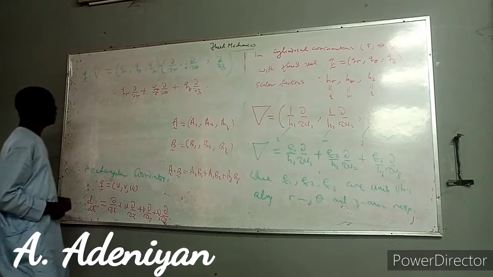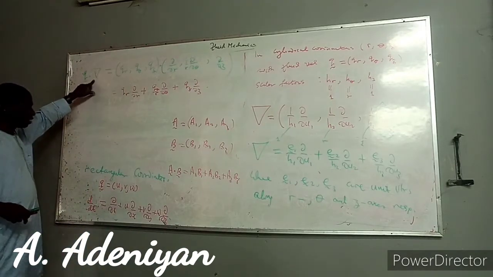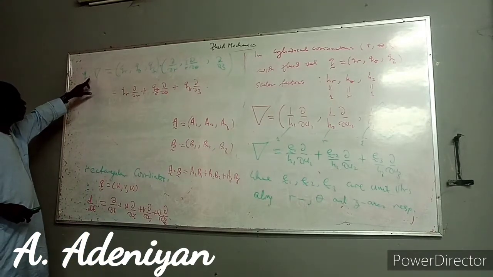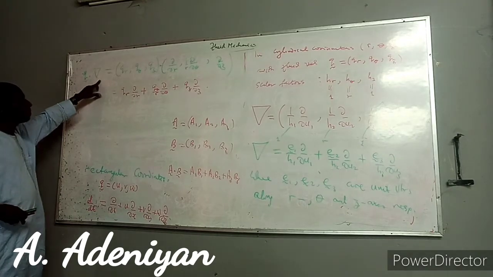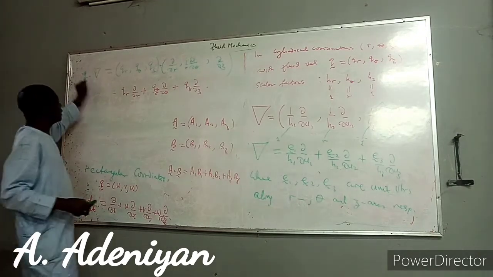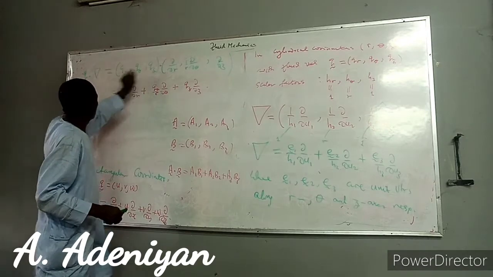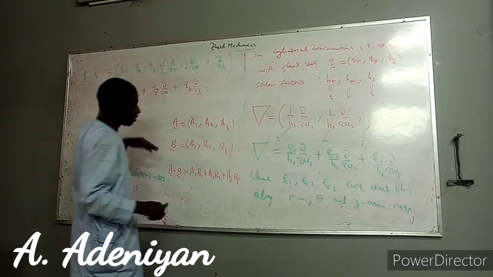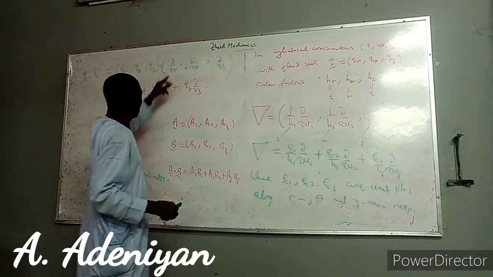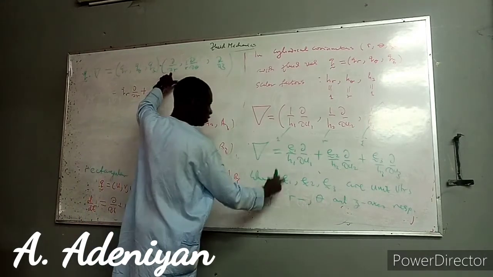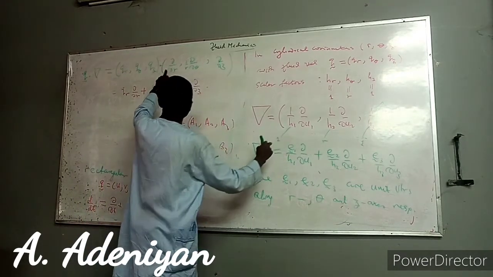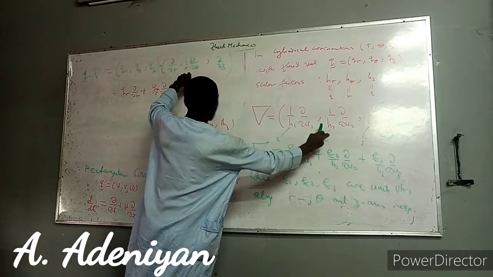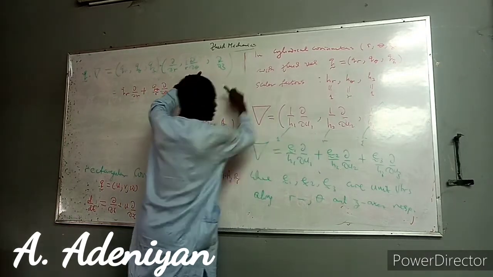Now, our interest is to find the dot product of velocity q and the Navier operator. Velocity is this, the operator is now this. Because this one is 1, that is this; this one is r, that is that; and this is also 1. So that is how we got that product.